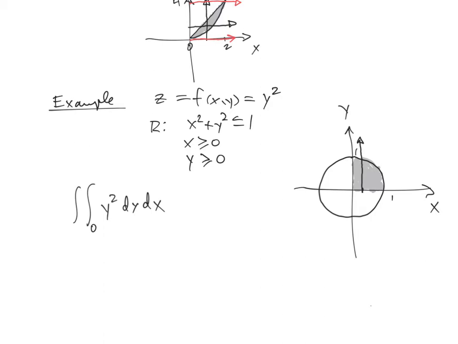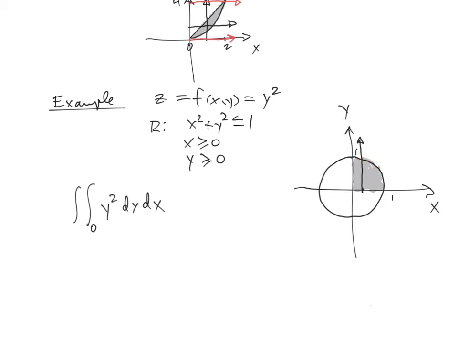However, y max will be a function of x, right? If I draw the arrow here like I did, well, y max is here. If I draw the arrow over here, then y max is going to be there. It's a function of x, and that function is given by this circular boundary.